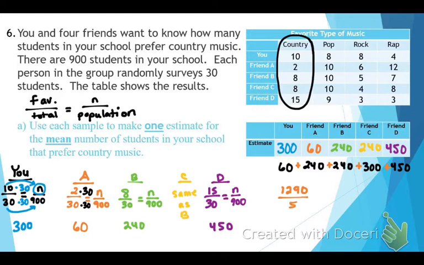Why by the number 5? Because that's how many people surveyed. Okay, looking right here, there were 5 numbers that I just added together. So we were adding those 5. We divide by 5. And what's the answer? 258. 258 what? Students. Always make sure you attach the units to the end.